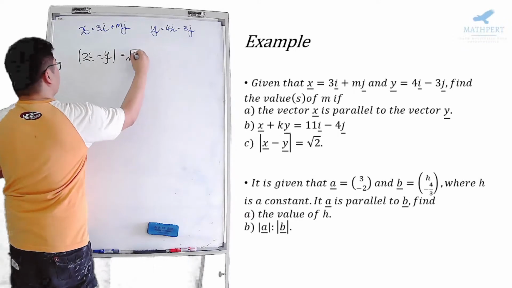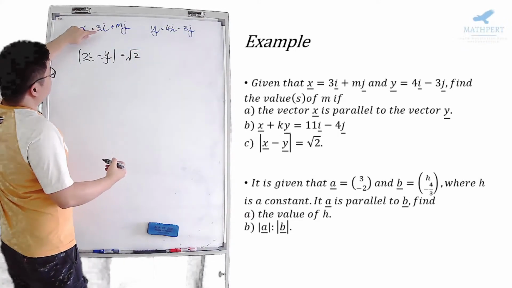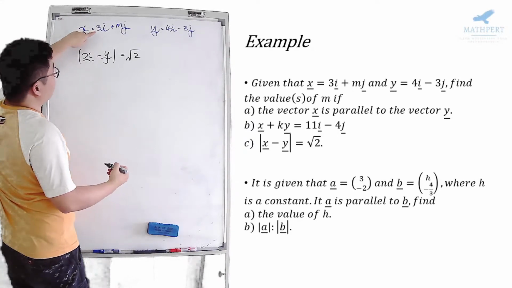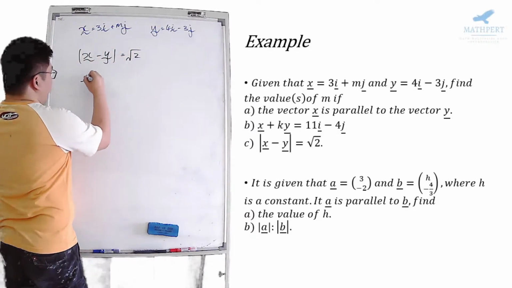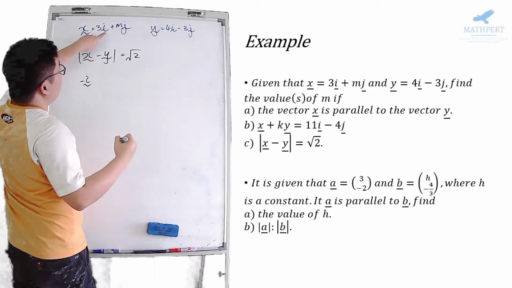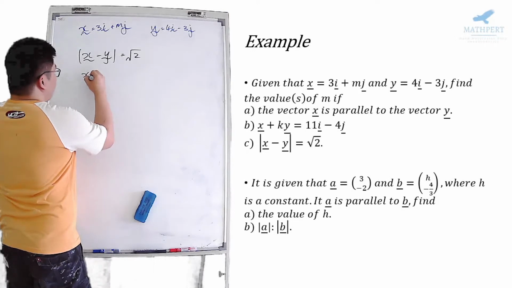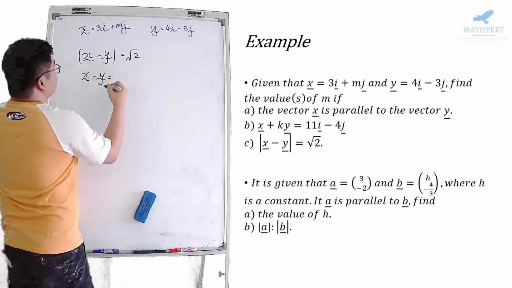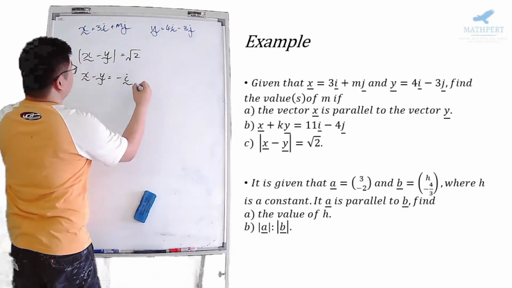Okay, so x minus y. So this will be 3 minus 4i will be negative i. Let me do it here. x minus y will be equal to 3i minus 4i, I get negative i.